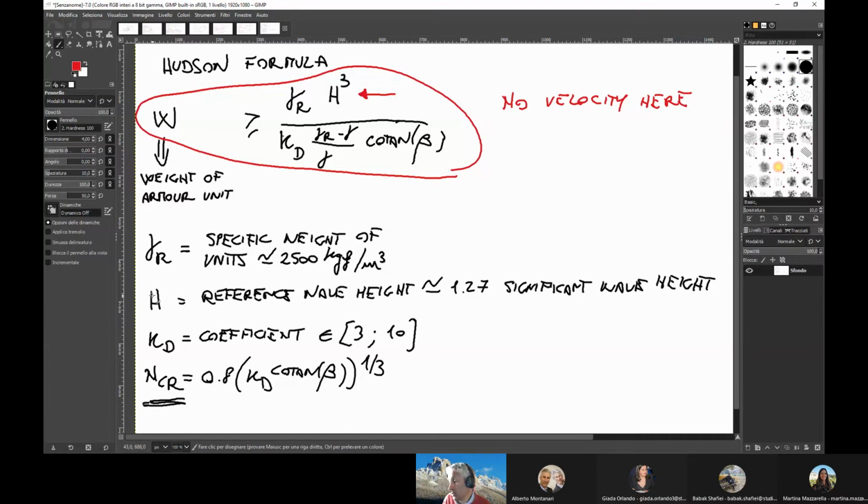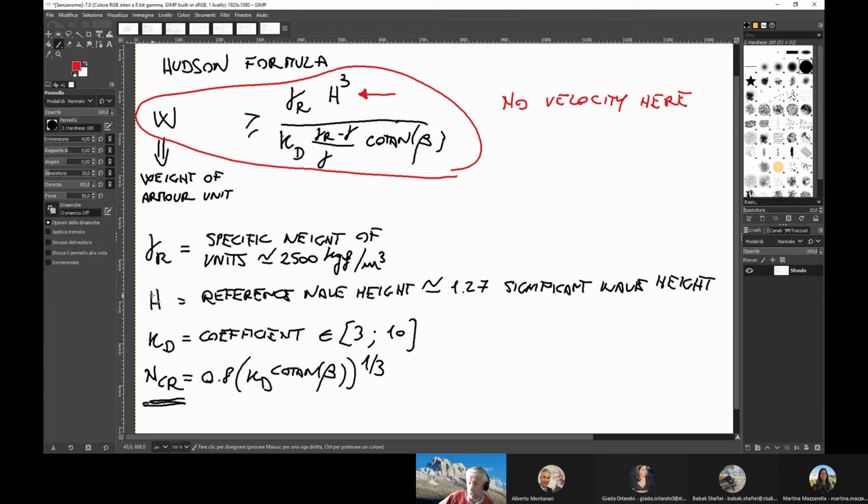And then you don't need to compute the velocity. So you don't need to refer to the abacus that gives you, depending on the wave height, the run up and run down velocity. Also, the Hudson formula doesn't make any difference between run up and run down. So it's more simplified.